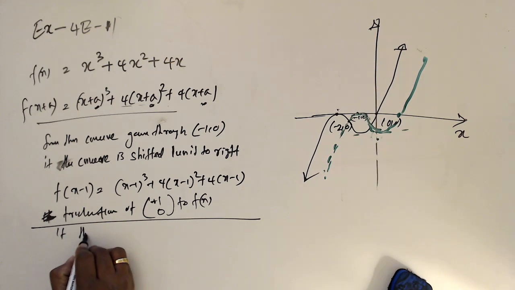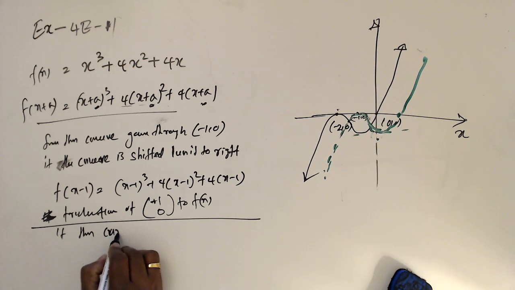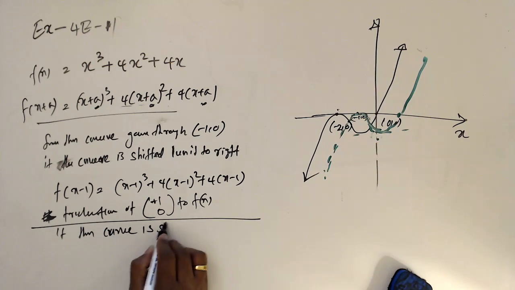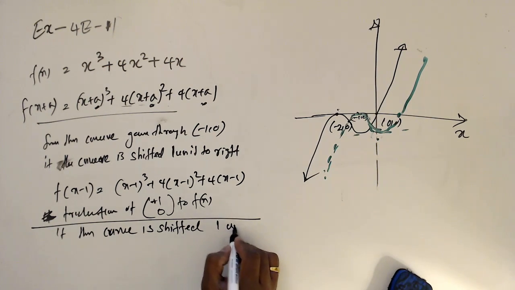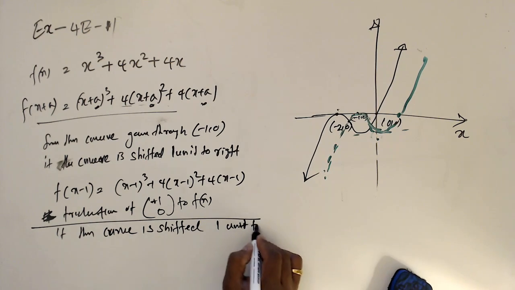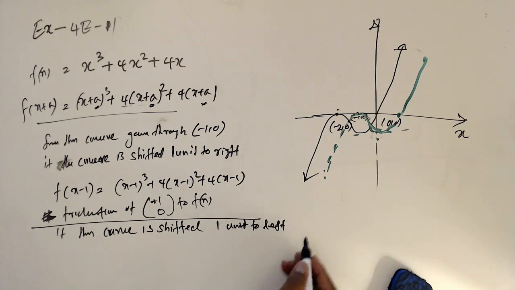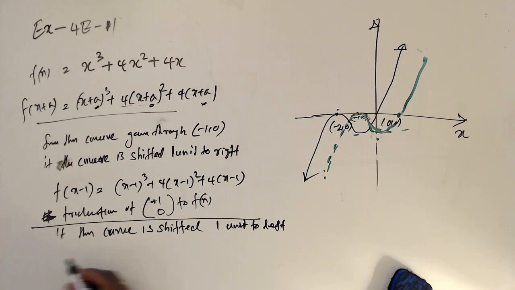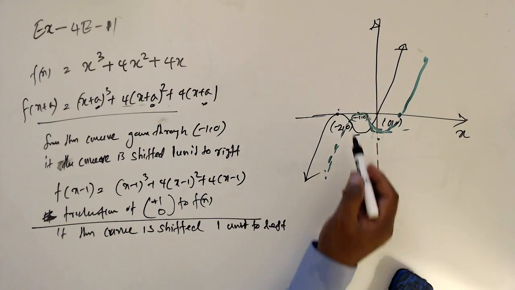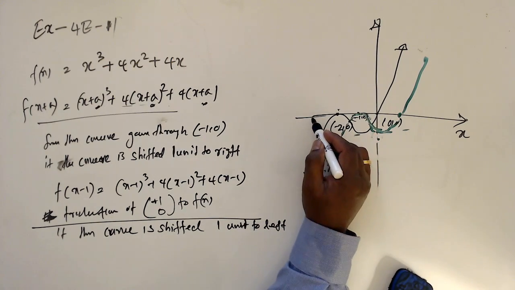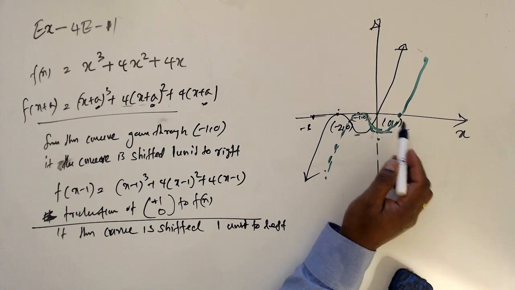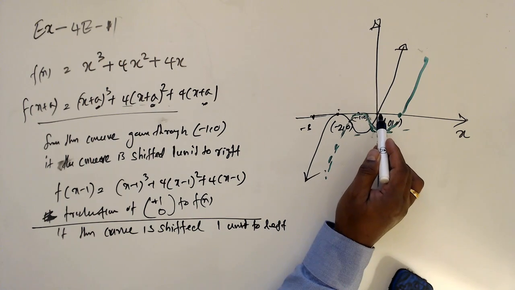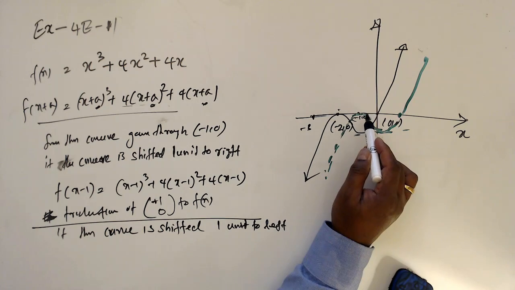If the curve is shifted 1 unit to the left, then minus 2 becomes minus 3, and 0 becomes minus 1.